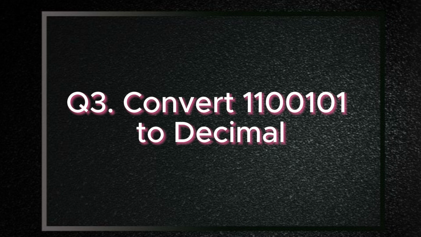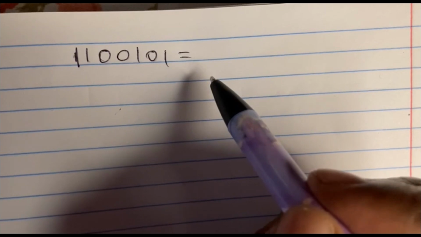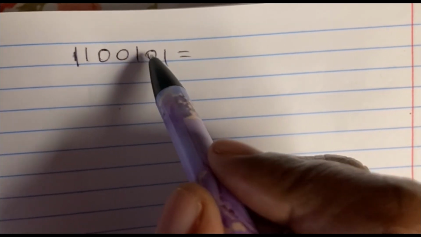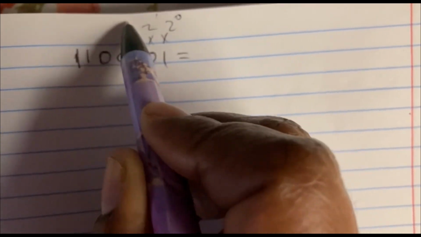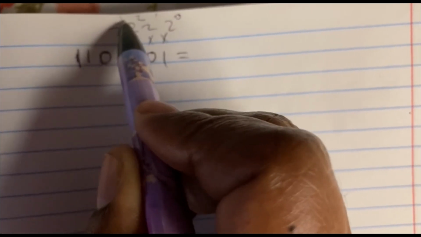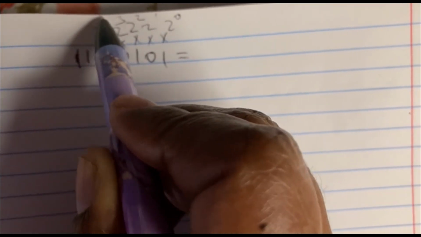Our third example will be 1100101. It might look long, but we ignore the 0s. And we continue. So 2 to the power of 0, 2 to the power of 1, 2 to the power of 2, 2 to the power of 3, 2 to the power of 4, 2 to the power of 5, and 2 to the power of 6.